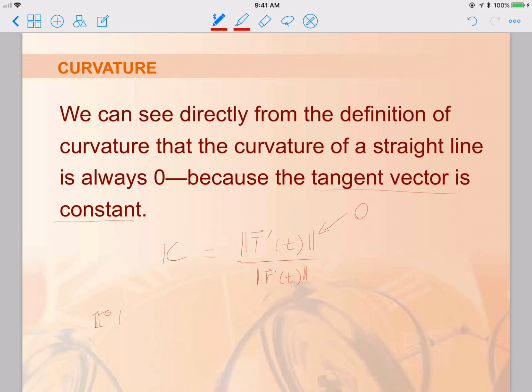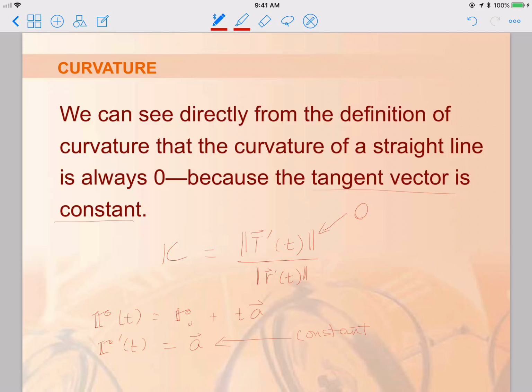So say you have a line and it's r of t equals r naught plus t times a. R prime of t is going to be a, yes? And that's a constant.